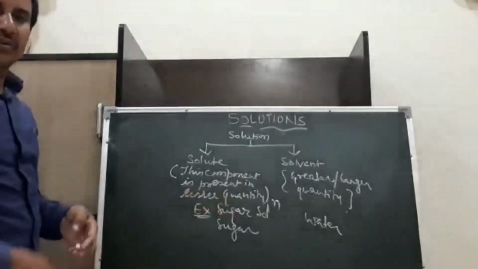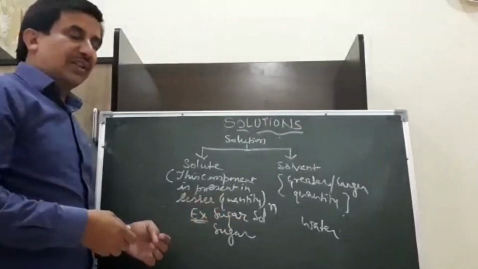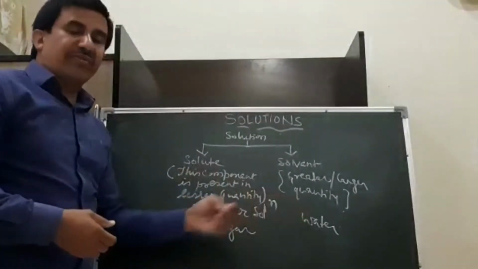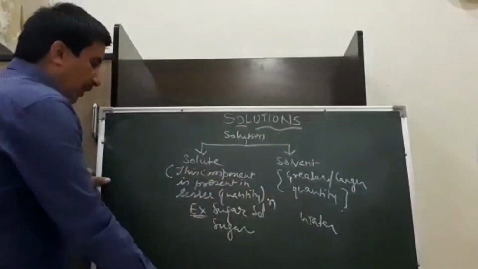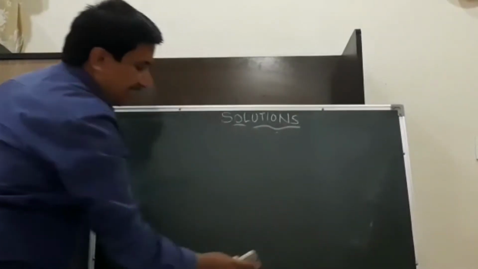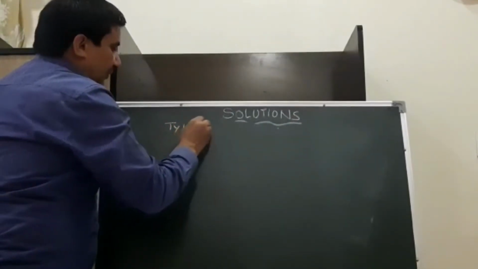Suppose I am making a sugar solution of 50 grams sugar in 1 liter water. So sugar will be the solute and water the solvent. Now we move on to the types of solution.